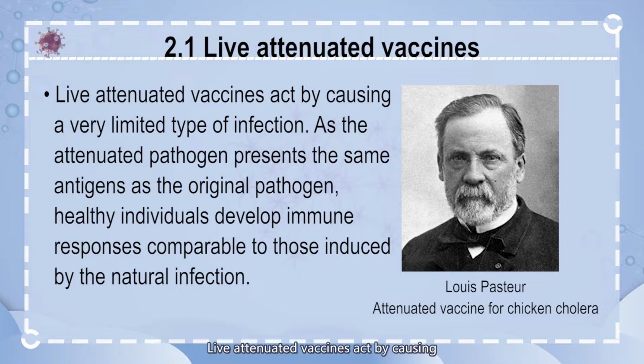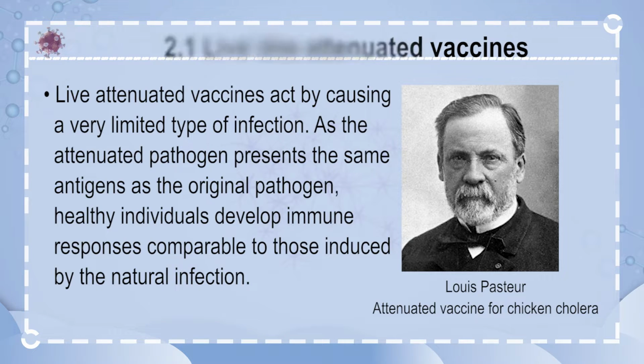Live attenuated vaccines act by causing a very limited type of infection, as the attenuated pathogen possesses the same antigens as the original pathogen. Healthy individuals develop an immune response comparable to that induced by the natural infection.